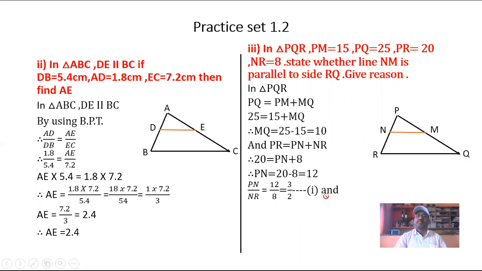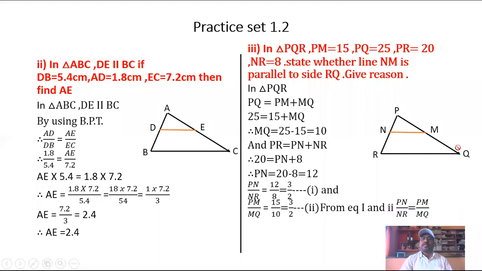Then we get equation number 1: PN to NR is equal to 3 by 2. Similarly, to find the ratio PM to MQ: 15 upon 10, divide by 5. 5 threes are 15 and 5 twos are 10. Then we get equation number 2.